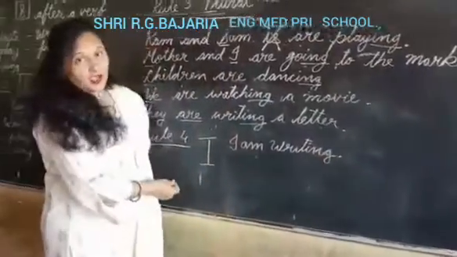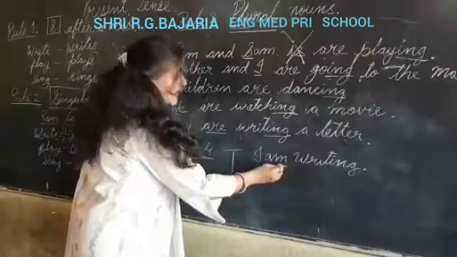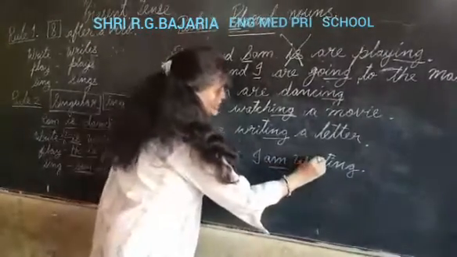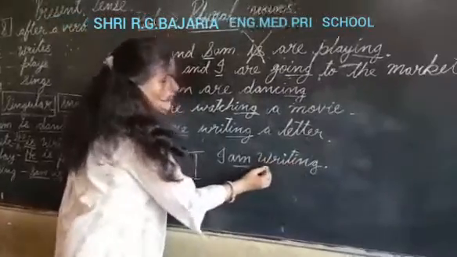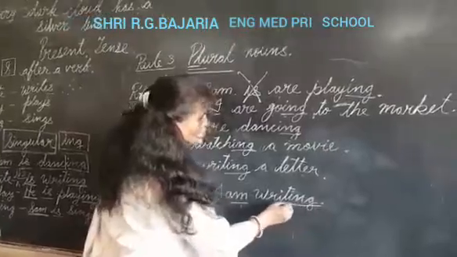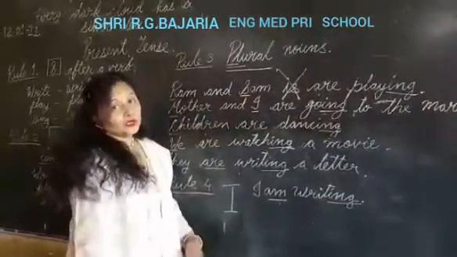When we use I, we always use am after I. I am writing, and before a verb. At the same time, we also add ing at the end of the verb.